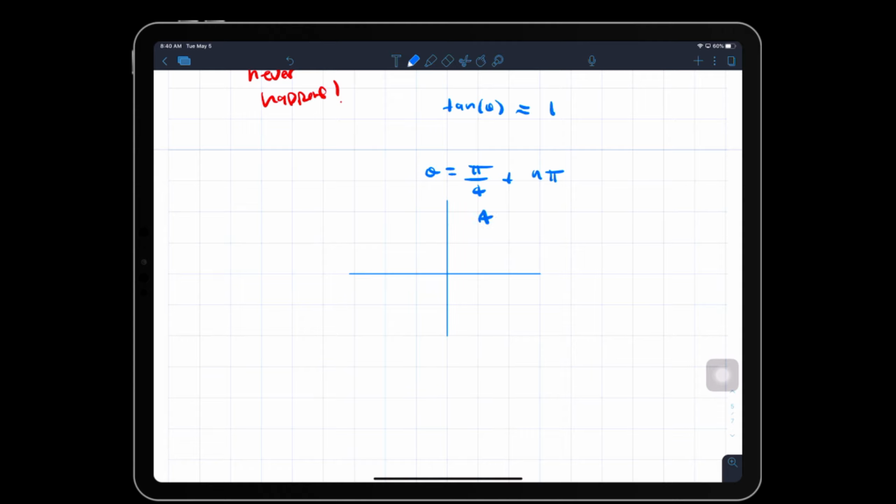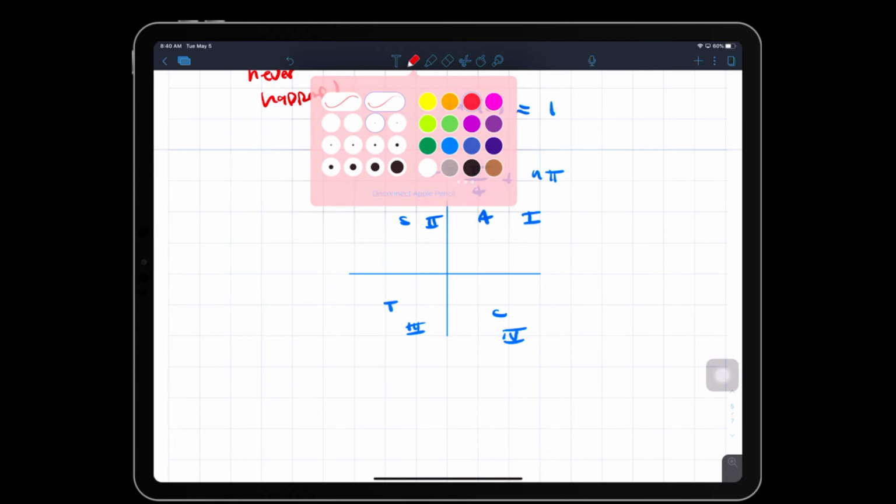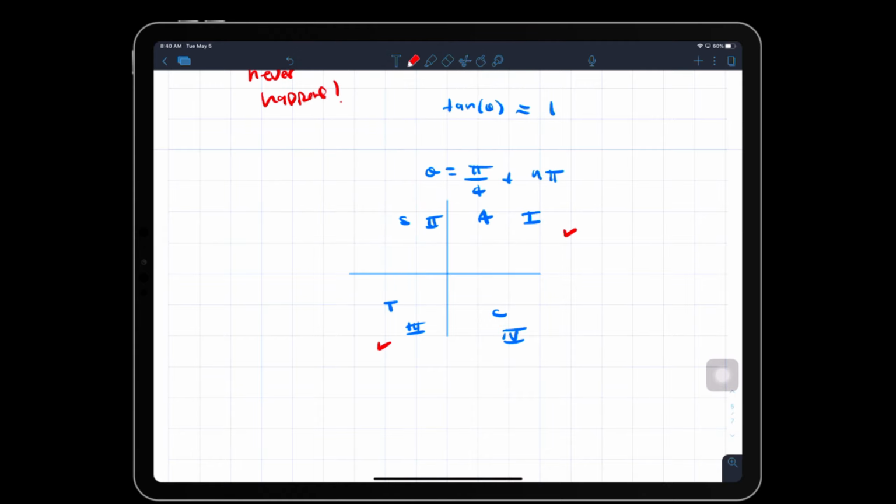You go back to the all students take calculus, quadrant 1, 2, 3, and 4. So I know tangent's positive in quadrant 1 and quadrant 3. Tangent theta is 1 means that theta is pi over 4. That's the reference. Quadrant 1 reference angle is the angle. Anyway, this is how we get these opposite angles.